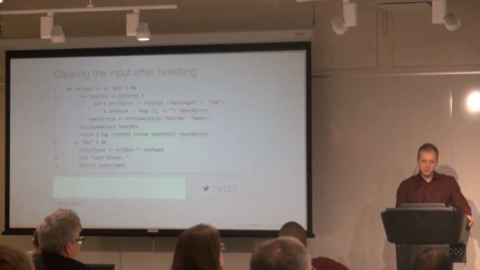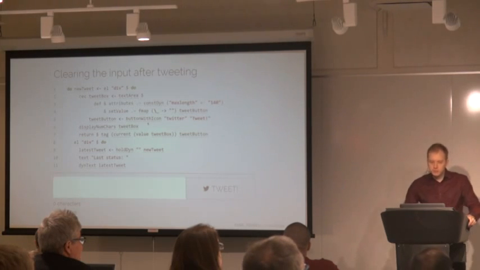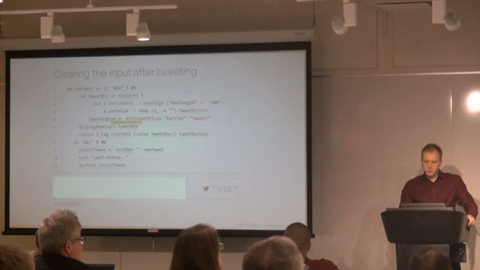This is using the regular Haskell extension RecursiveDo, and this lets us refer to variables before they're actually defined. So you can see that on line 5, I'm binding tweet button, and then I'm actually referring to it on line 4.